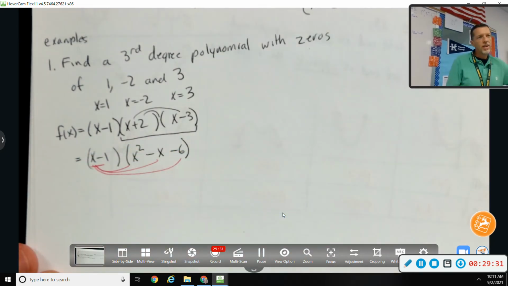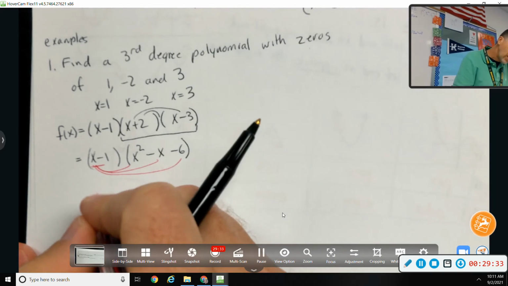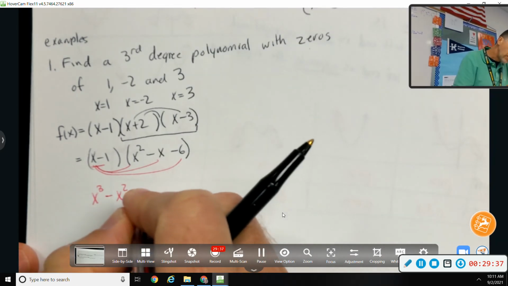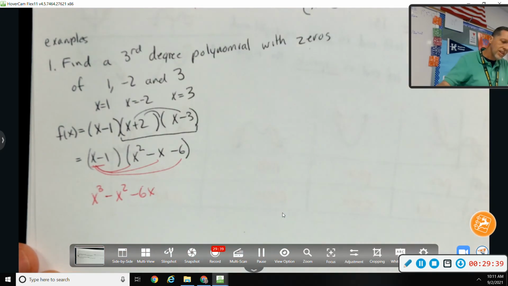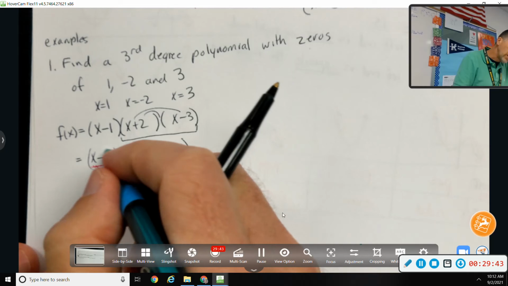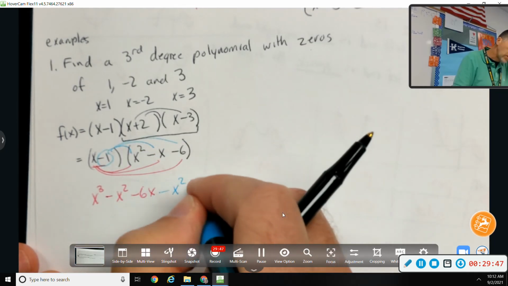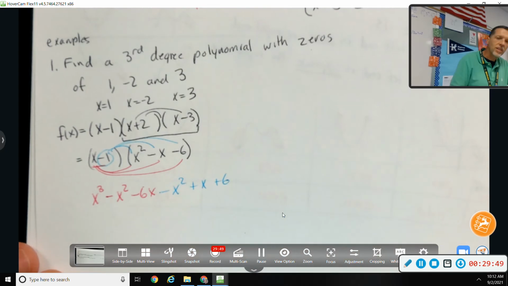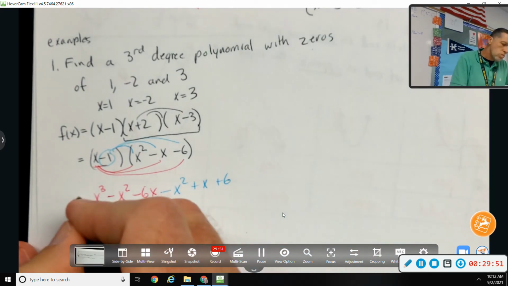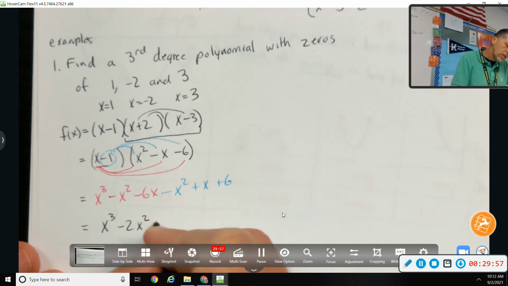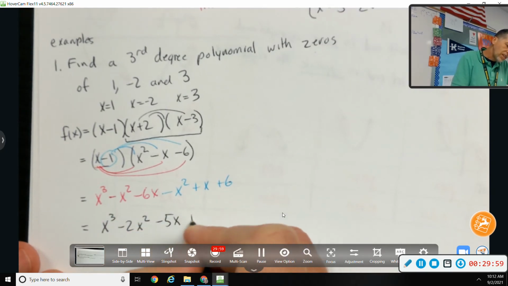Got to distribute x to everybody, so x cubed minus x squared minus 6x. Then I got to distribute the -1 to everybody. Minus x squared plus x plus 6. So x cubed minus 2x squared minus 5x plus 6.